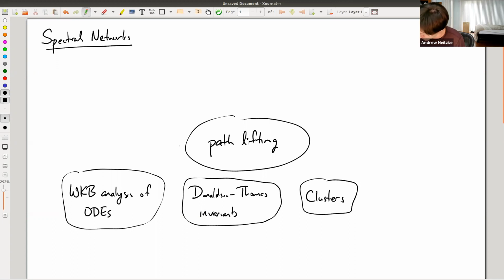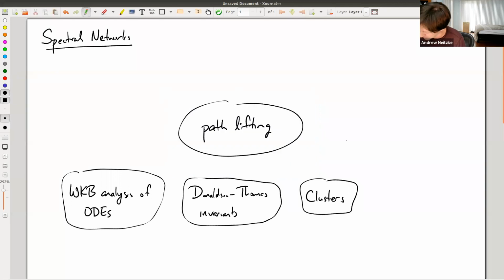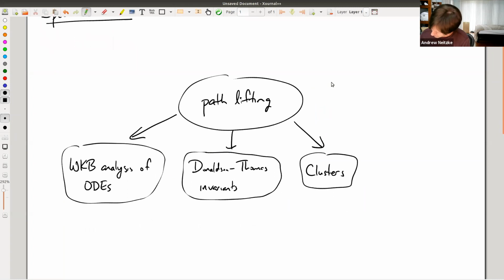All these things are their own independent subjects, but I want to think of them as all being influenced by this construction of path lifting. This path lifting construction is something that organizes, in some sense, these three things. And in turn, those three things are all related to the hyperkähler geometry of moduli spaces of Higgs bundles.